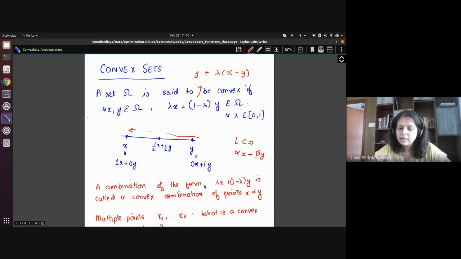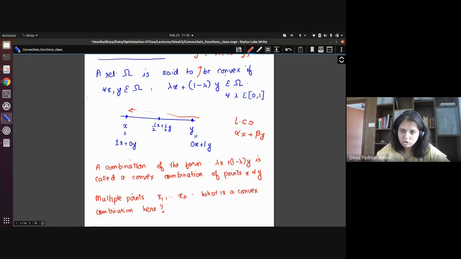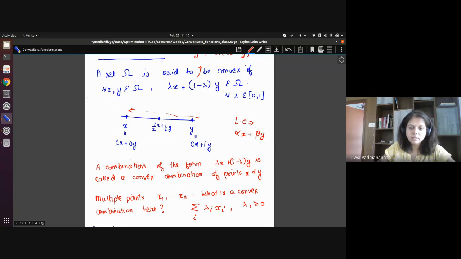Okay, so now an analogous thing you can do for multiple points. Whatever I told you here was for 2 points. Now if you have multiple points x1 to xn, what does a convex combination mean here? The idea is the same. You look at all points such that you can write it as summation lambda_i x_i, such that all the lambda_i's are greater than or equal to 0 and they sum to 1.